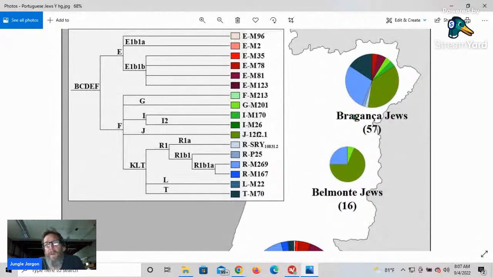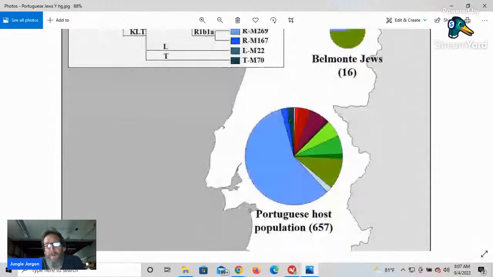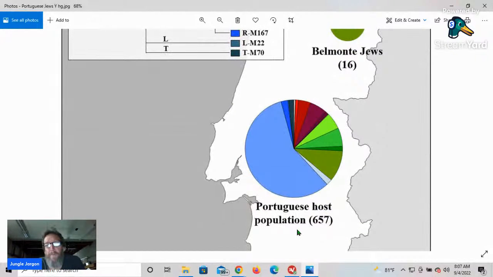The only place that you find the T Y chromosome in a significant amount is the Bragança Jews in Portugal, which is also in the host population, the general population.